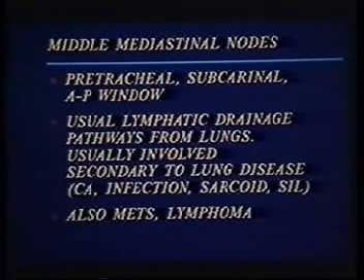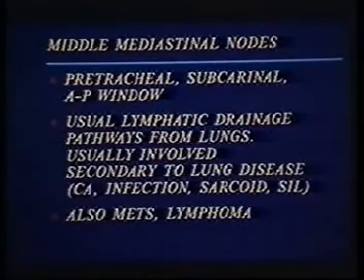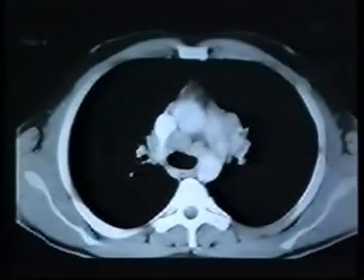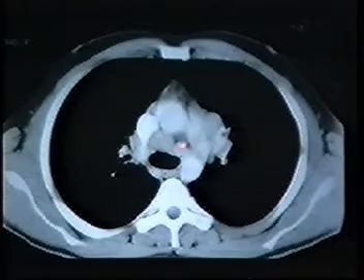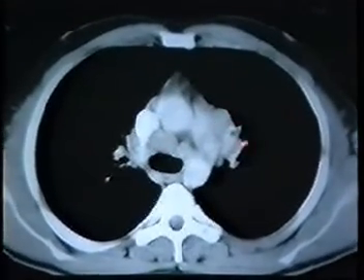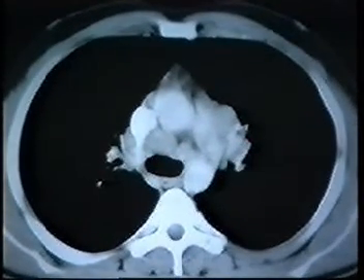Therefore, they are usually the nodes involved in patients who have lung disease, such as carcinoma, pulmonary infections, sarcoid, of course, which is a lung disease, and silicosis. Also, these nodes can be abnormal in patients who have metastases from extrathoracic tumors or lymphoma. On your right is simply an example of a patient with sarcoid who has extensive middle mediastinal lymph node enlargement here: precarinal nodes, nodes in the aortopulmonary window, and nodes in the superior hilum.